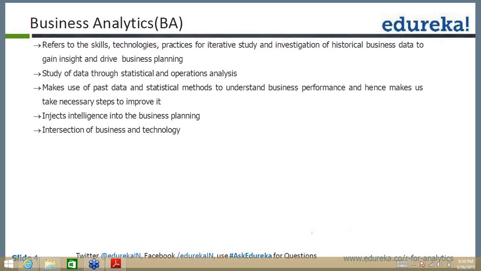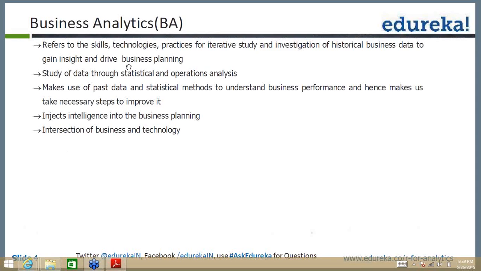If a company misses revenue targets, they always look for various ways to cut down the operational cost. So business analytics is all about offering support to the organization to arrive at informed decisions backed up by solid data, to either increase the revenue or cut down the cost, right?